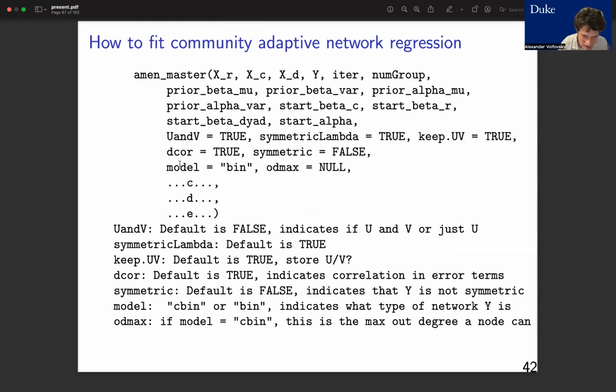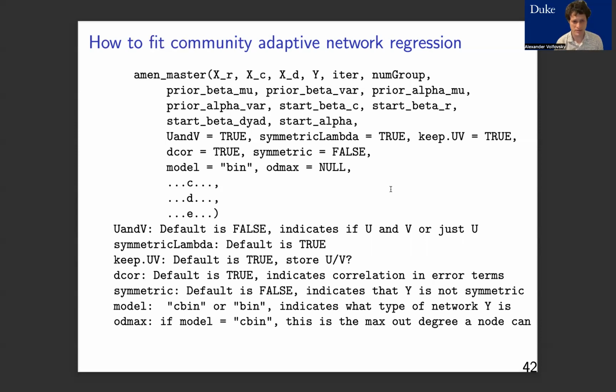And then here we're asking whether or not you want both a U and a V. So you want the communities that people belong to as senders to be different than the ones that they are as receivers or not. These are just parallel to the functions in the AMEN package.